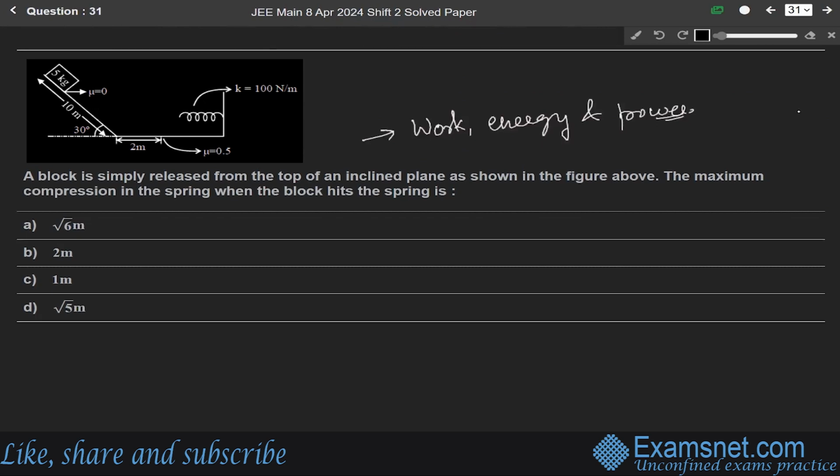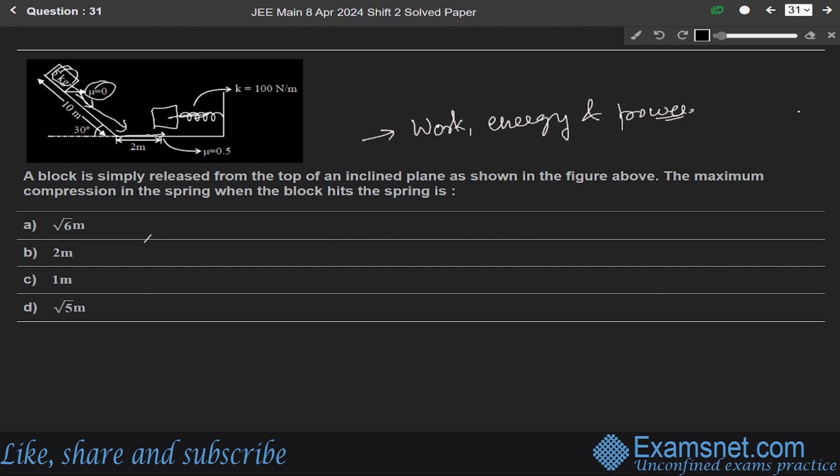We are given a mass of 5 kg sliding over this inclined plane. The frictional constant mu is 0 here, and it is covering a distance of 2 meter. When it slides down this inclined plane, it hits this spring and the spring experiences a compression. We have to find the compression of this spring.